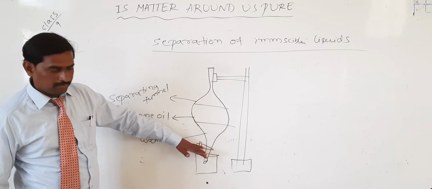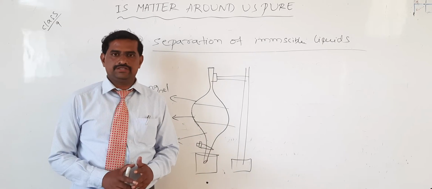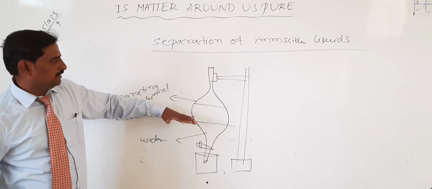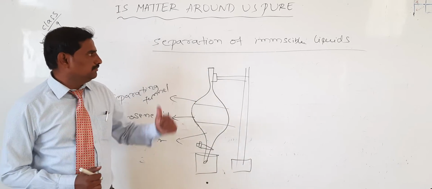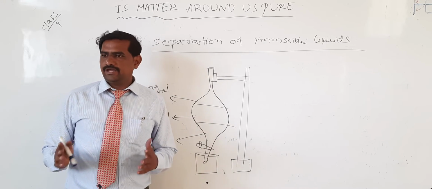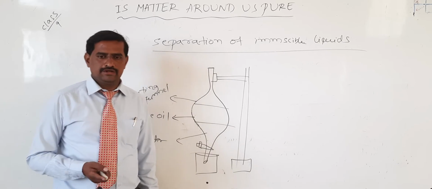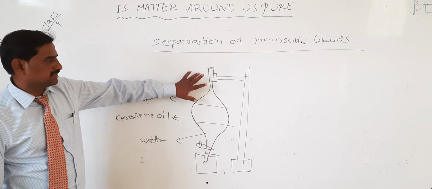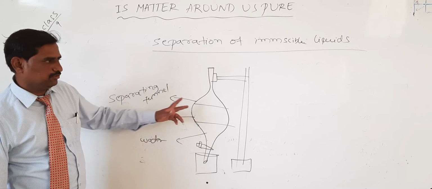When it reaches the kerosene oil, we close the stopper and we can separate them. This is a very easy method to separate two immiscible liquids, because they have different densities, the density of oil and the density of water. Take one separating funnel and put the mixture of kerosene oil and water into it.